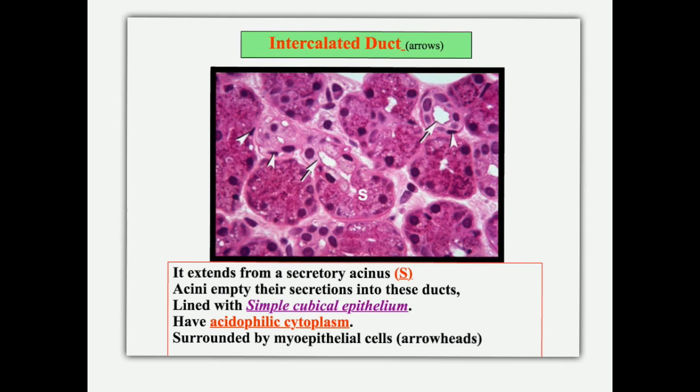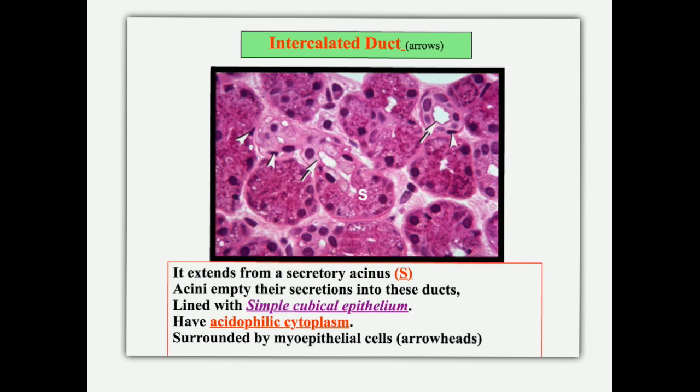The first duct, which is the intercalated duct, as you see here in the picture, this is the acinus. What type of acinus? It is granular, acidophilic, with a rounded nucleus, so it is a serous acinus. And this is the first duct arising, so it is the intercalated duct. It is lined by cubical epithelium with central rounded nuclei.